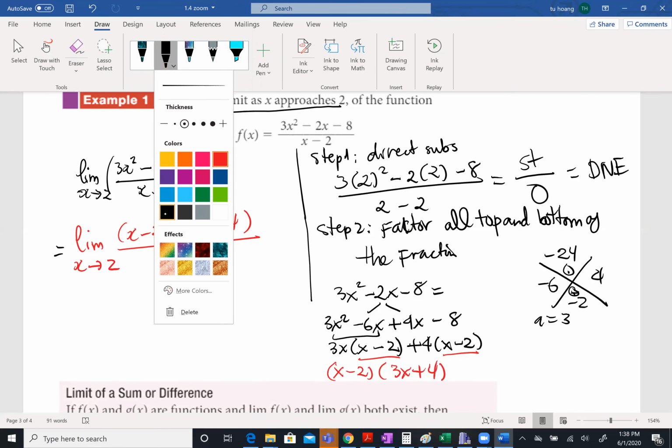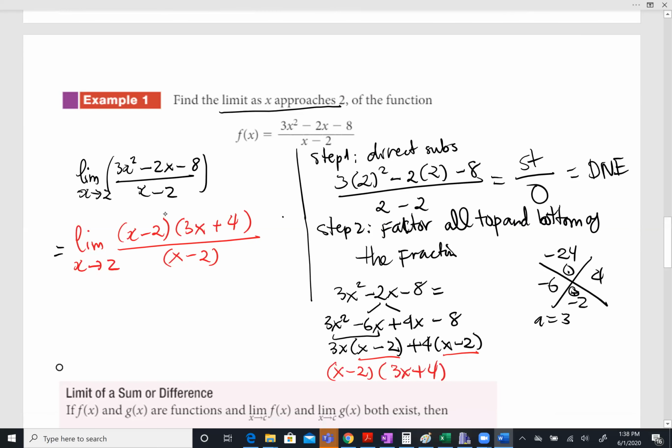Remember that I can cancel in this situation because they are all factored already. Now I have the limit of 3x plus 4 for x approaching 2.